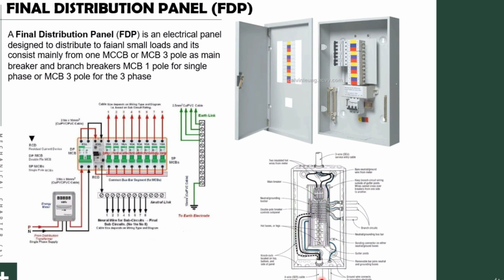See here, this picture illustrates the cable entering from the downside, and here this is the earth also, and here this is the conduit. It comes in many types depending on the number of branches. We can say 12 way, 18 way, or 32, 36, and so on.